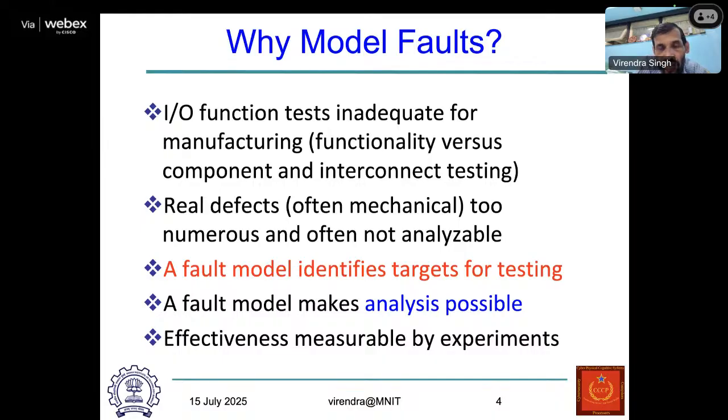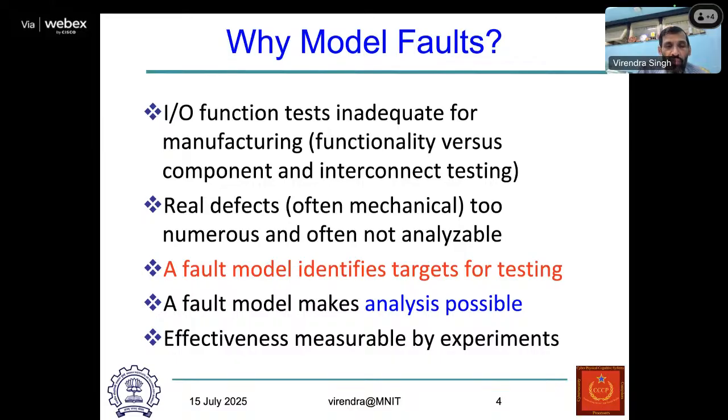You cannot test functionally if the number of inputs is beyond certain numbers, maybe beyond 50. Perhaps up to 50 you may be able to manage an exhaustive test, but after that it is not possible. And therefore you have to use some fault model, and then target these faults.